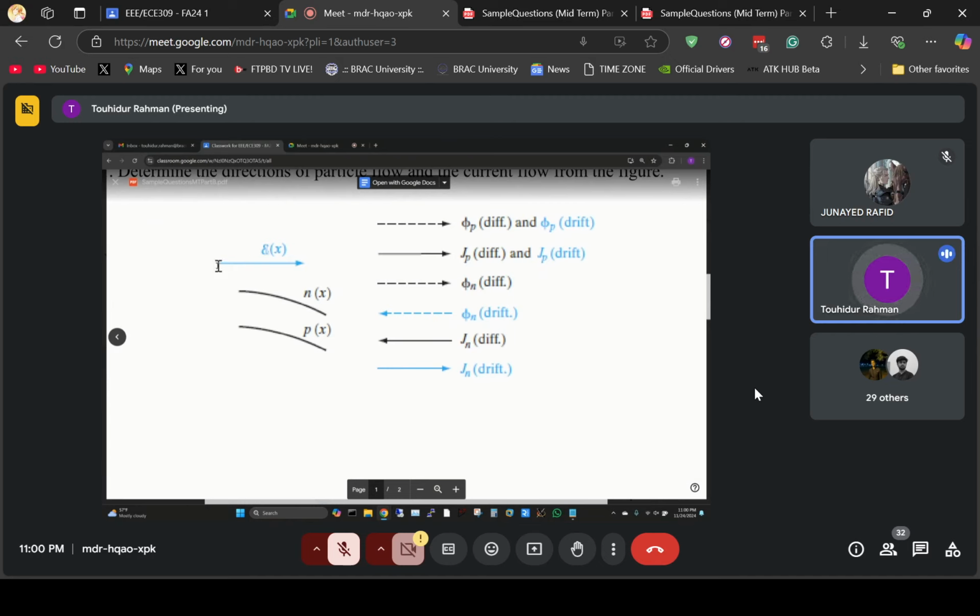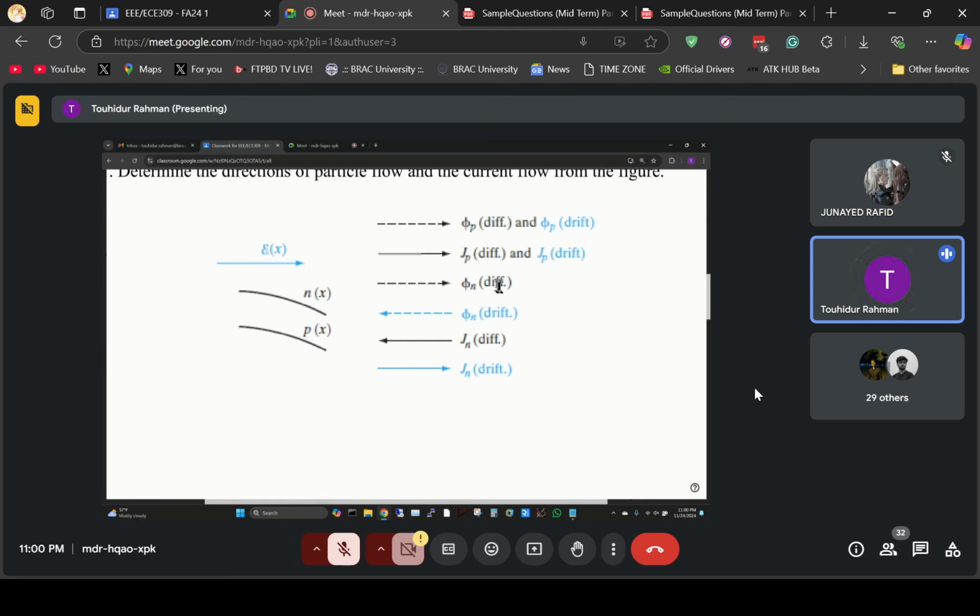So the electric field is from left to right, opposite direction will be right to left. So these are the two directions of electron flow. Diffusion will be high concentration to low concentration, left to right. Drift will be opposite to the electric field, so right to left.